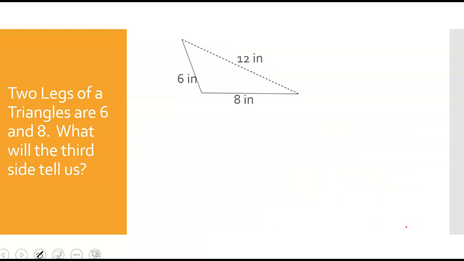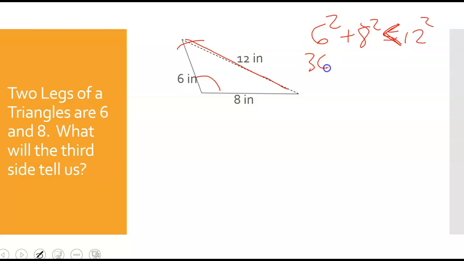Let's take a look at this situation. Here we have an obtuse triangle because this angle is bigger than a right angle. And so if we take 6 squared plus 8 squared, that's not going to be equal to 12 squared. Notice this side here got bigger because it was stretched further than the right angle. So 12 squared is going to be bigger.